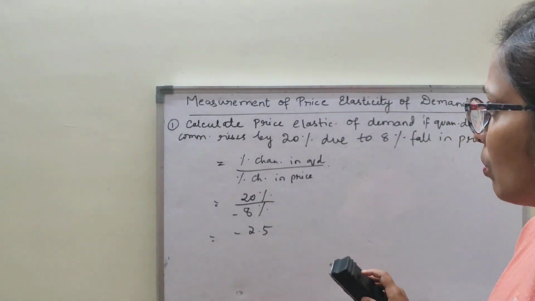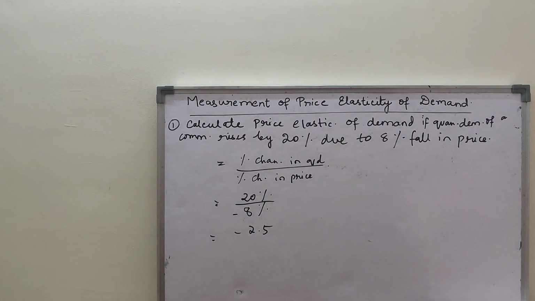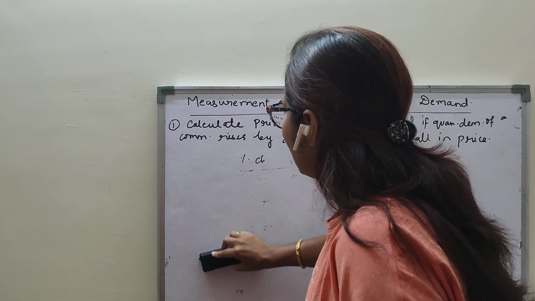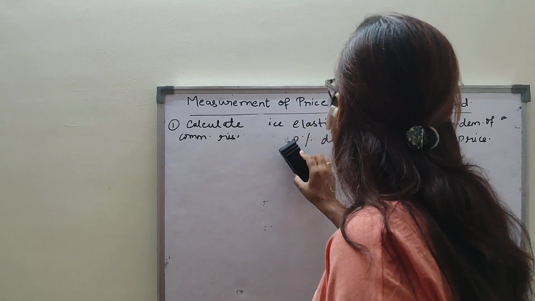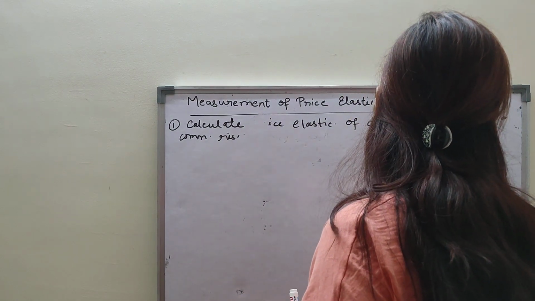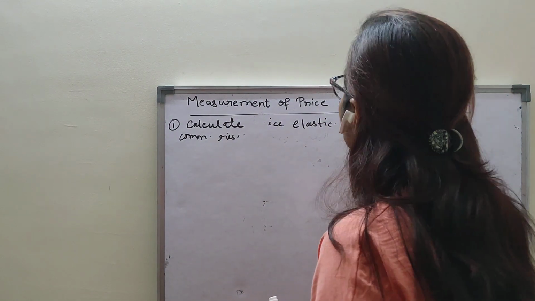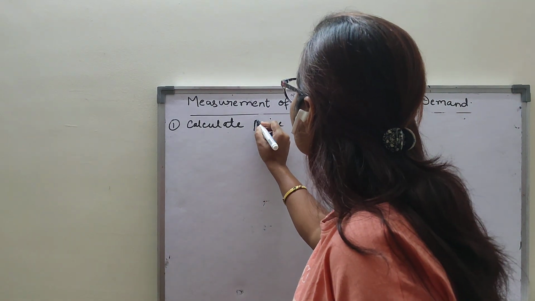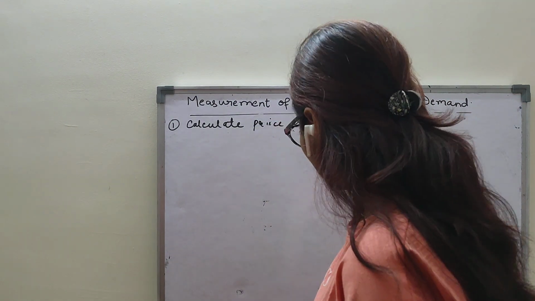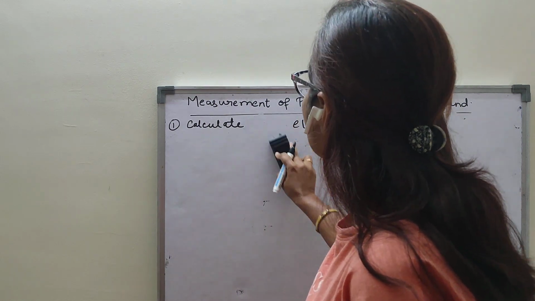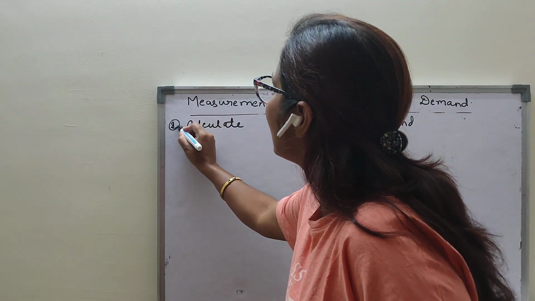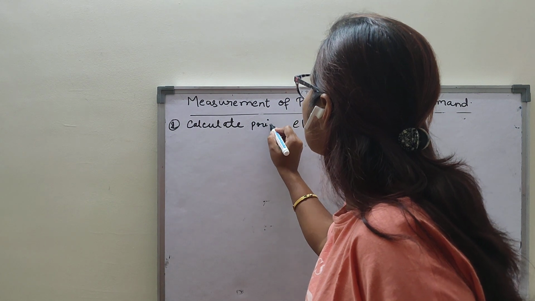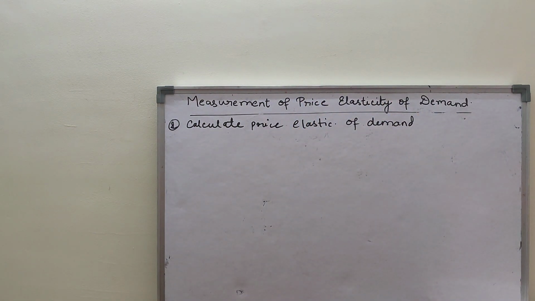So this is the one question I have given to you, and now the second question, where the question will not be given to you in the percentage method. Now second example, calculate price elasticity of demand.